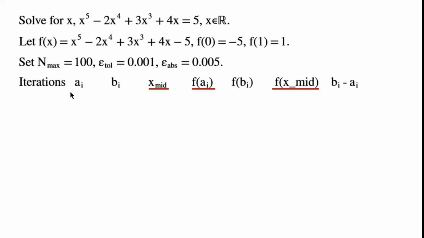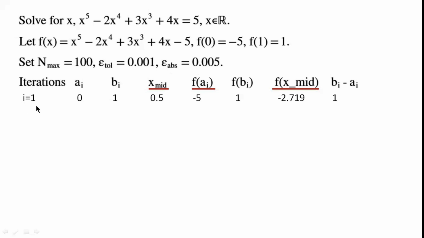We list the following in columns: iterations, ai, bi, x mid, f of ai, f of bi, f of x mid, bi minus ai.